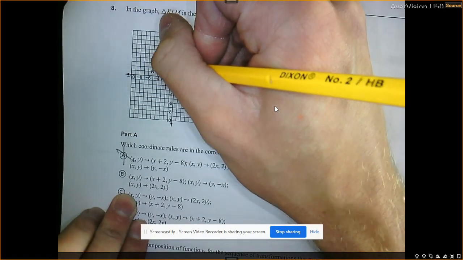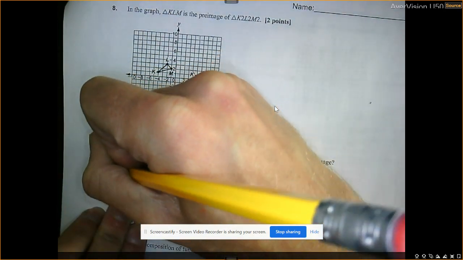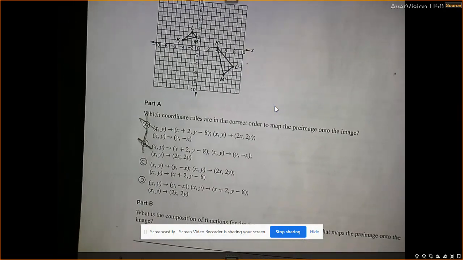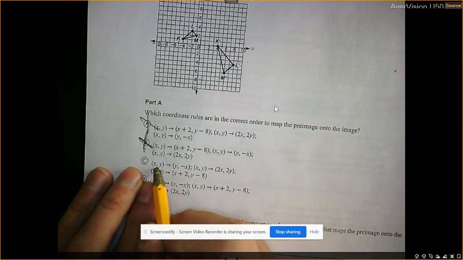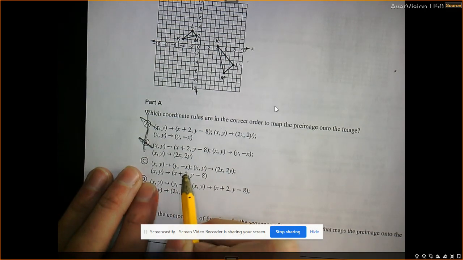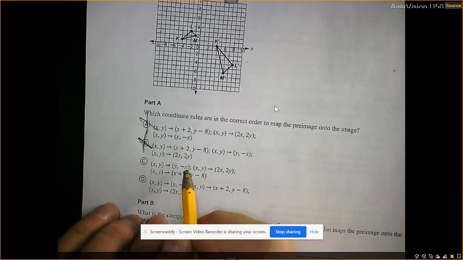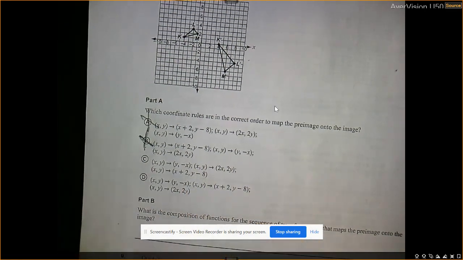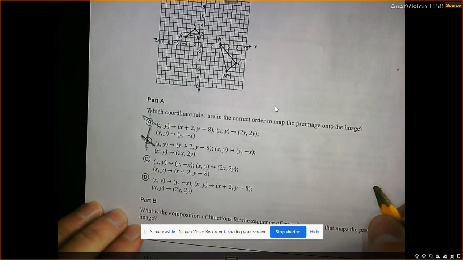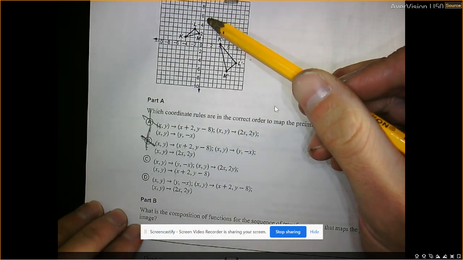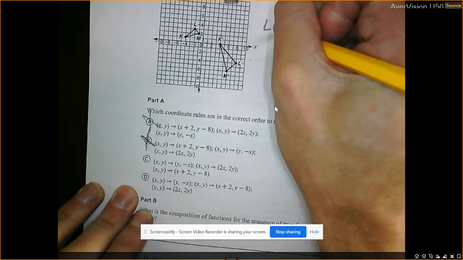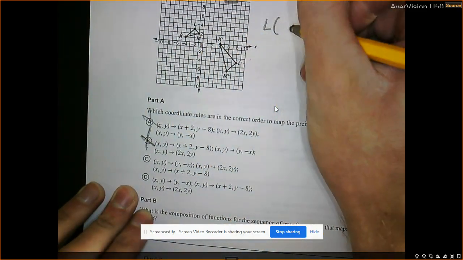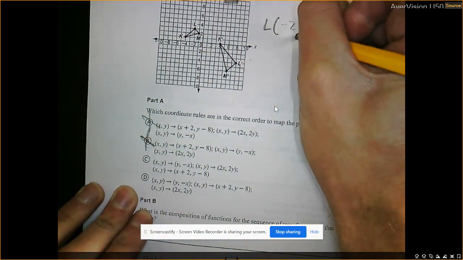Now, once again, B starts with the translation. We already decided can't be that. That just doesn't make sense. Now here, this is starting with the rotation. If xy is becoming, you're flipping the y and the x and making the x negative, or the second number negative. Okay, so starting with the rotation, this is, let's see, L is at negative 2, comma 3.